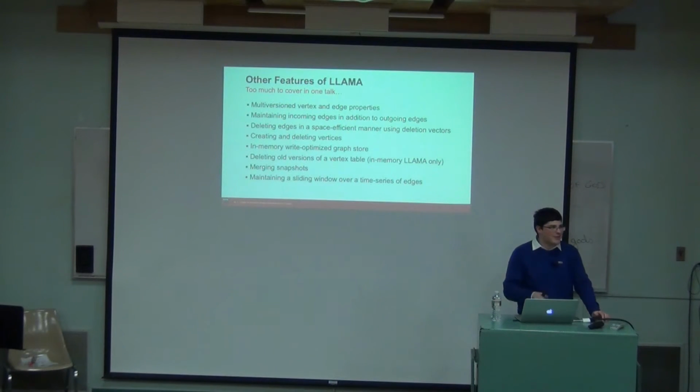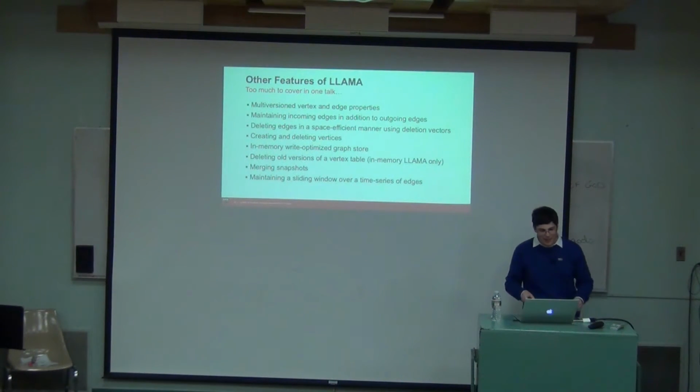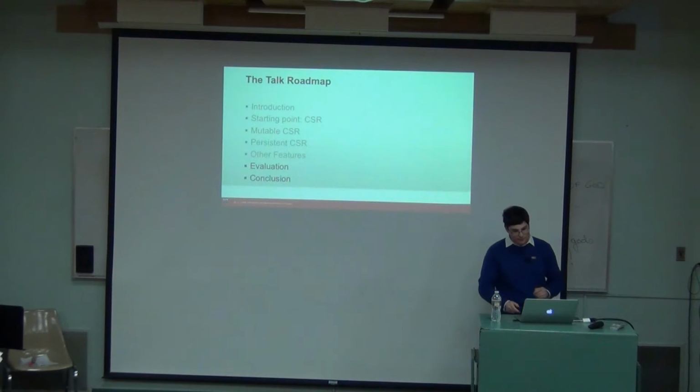If you did every minute, you get a three-digit or four-digit number of snapshots per day. That's not sustainable, so you can merge snapshots periodically. And finally, we can focus on just the recent changes using a sliding window over a time series of edges. Again, if you are interested in any of these, you can ask me later.